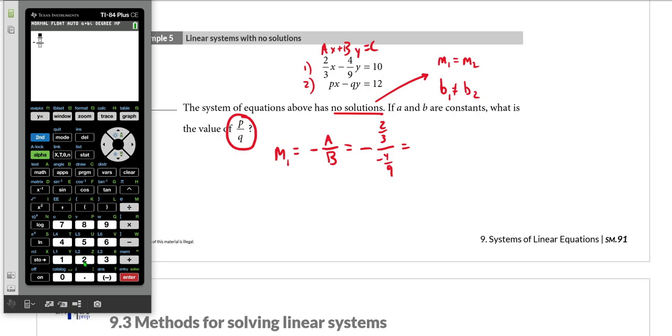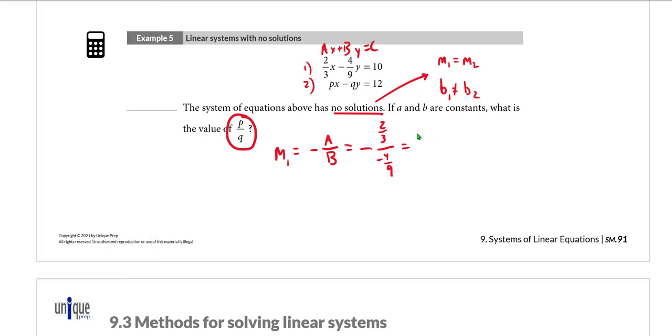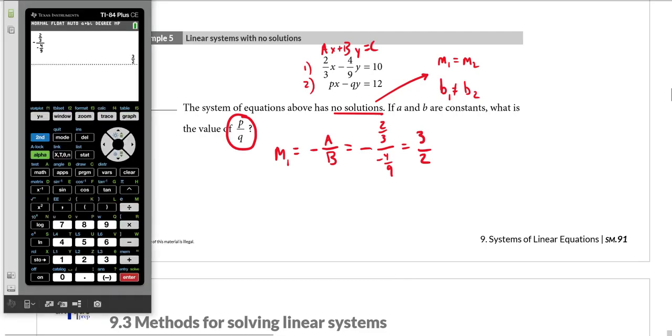And so in that numerator I'm going to put a 2 over a 3, and in the denominator I am going to do negative and then alpha F1. F1 is that little green F1 right there. It's the y equals key. And then what do I got here? I got 4 over 9, and then I'm going to hit enter. So my slope is 3/2, and the calculator did all that work for me.